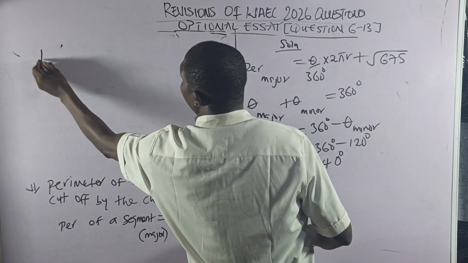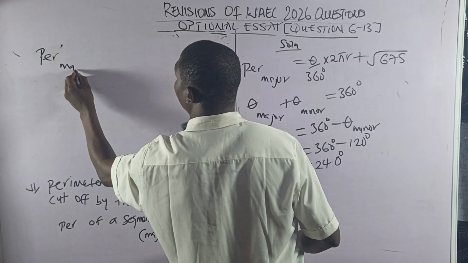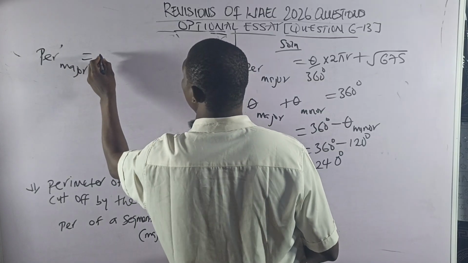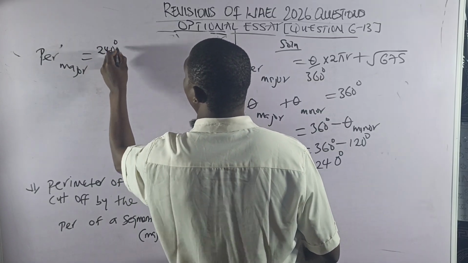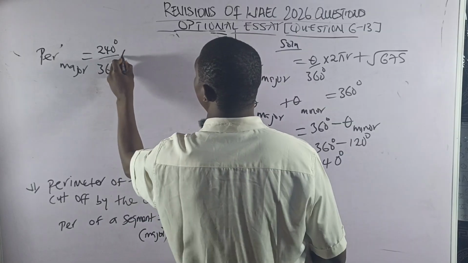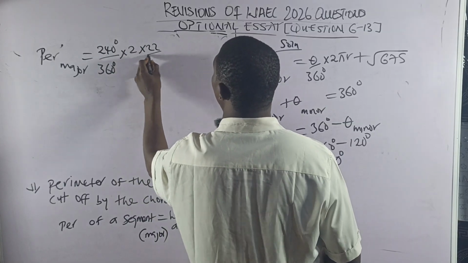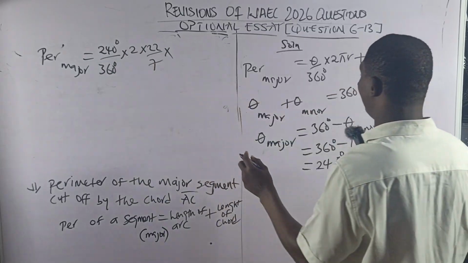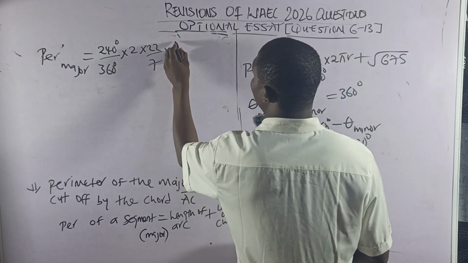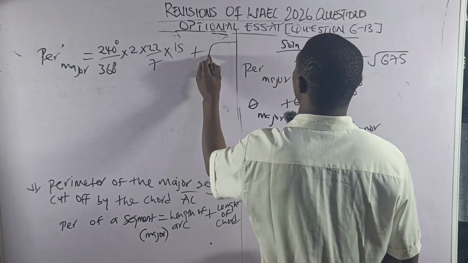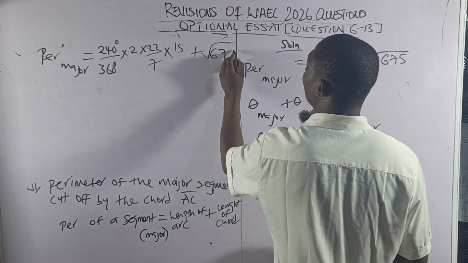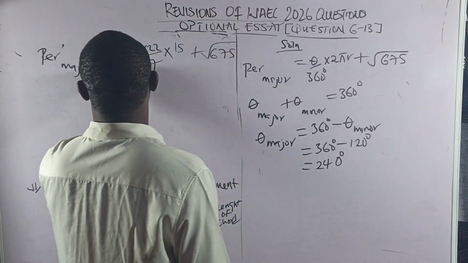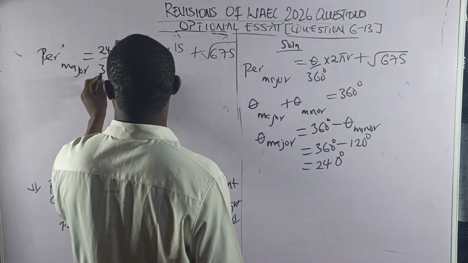Now, we can simply put our parameters into the given expression. The perimeter of the major segment will be equal to theta, which is 240 degrees over 360 degrees, times 2 times 22 over 7 times our radius. Our radius we solved is 15, plus the square root of 675. Now, degree can cancel degree, 0 can cancel 0.